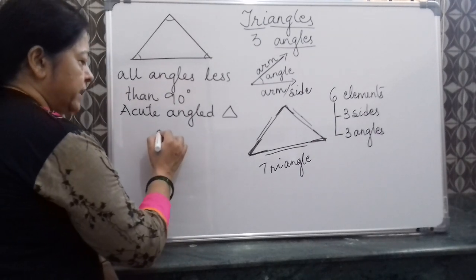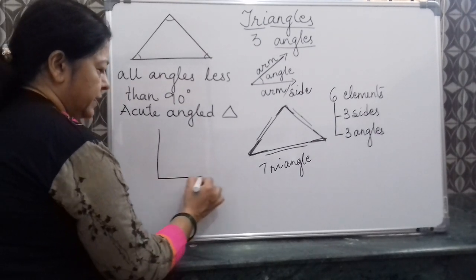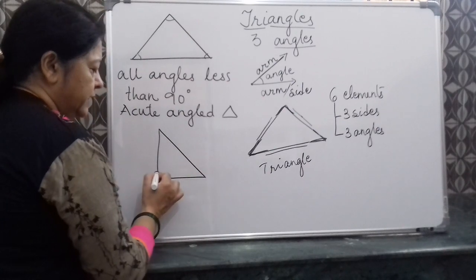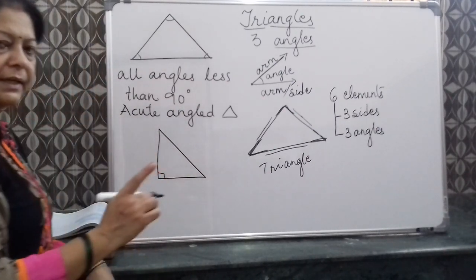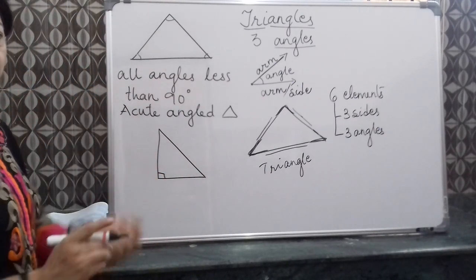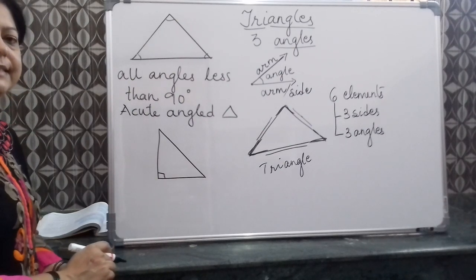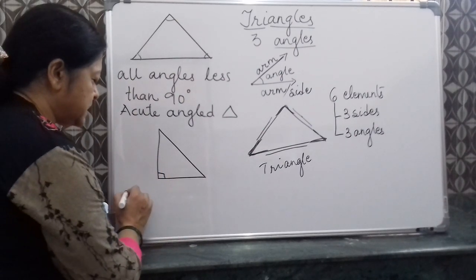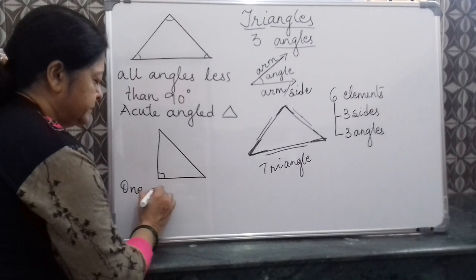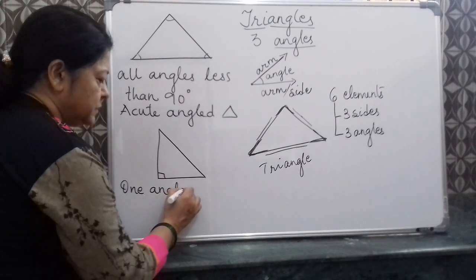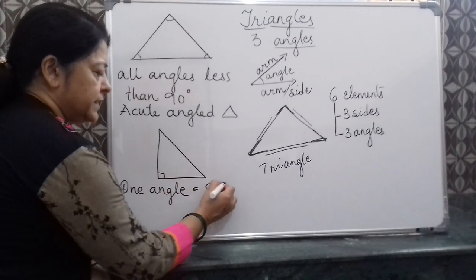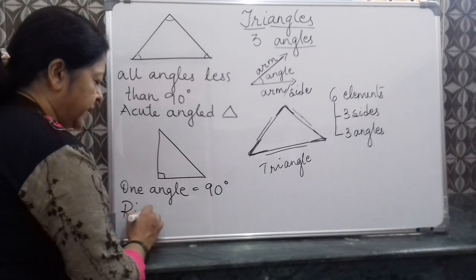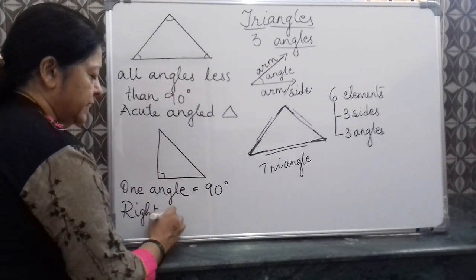Then we have another type of triangle which has a 90 degree angle, meaning only one angle will be equal to 90 degrees. So this is one angle equal to 90 degrees and it is known as a right angle triangle.